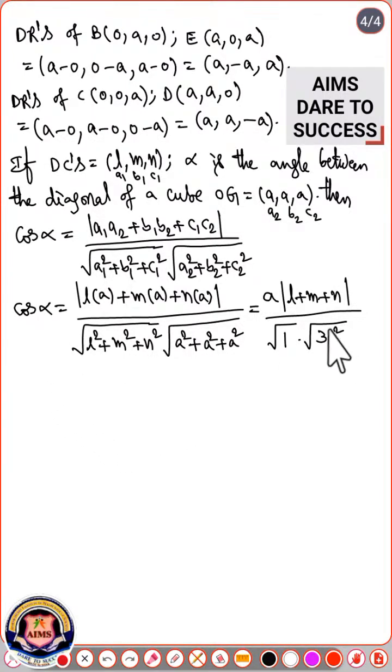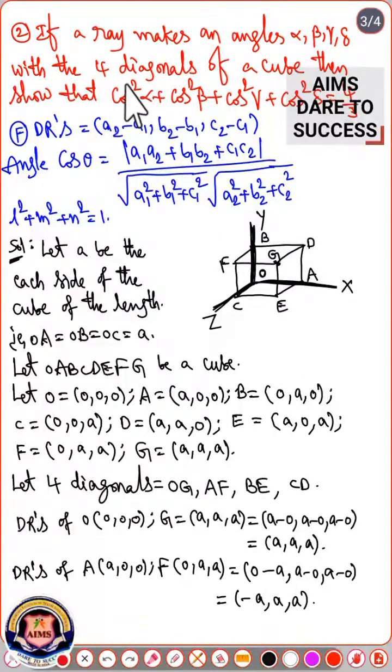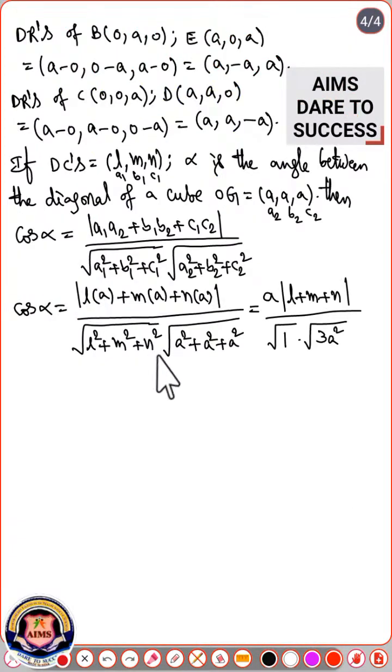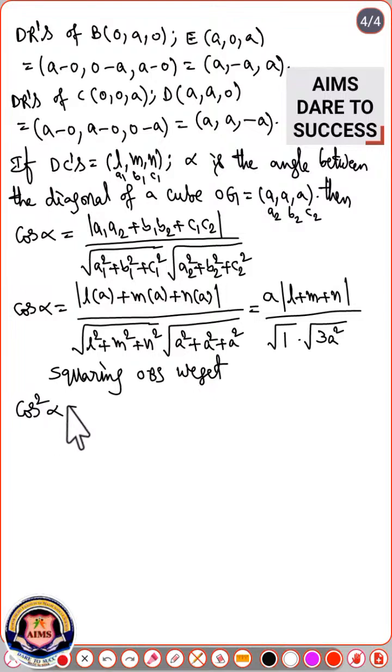This is just the cos alpha value, but according to the question we have cos square alpha. Squaring on both sides, we get cos alpha whole square, meaning cos square alpha, is equal to A square into L plus M plus N whole square, whole divided by root 1 whole square, which is 1, so no need to write it.